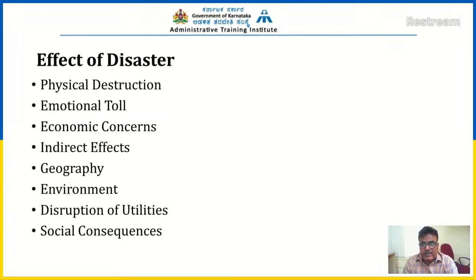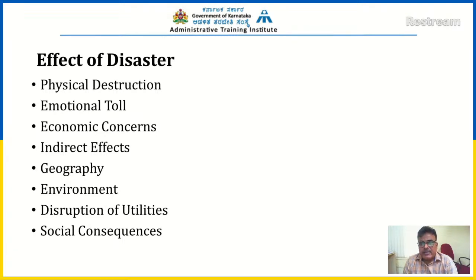Parents might have lost their children, or children might have lost their parents, or aged persons might have lost their life. All these lead to a lot of psychological stress, leading to emotional toll and psychosomatic disorders. All that happens during any disaster.